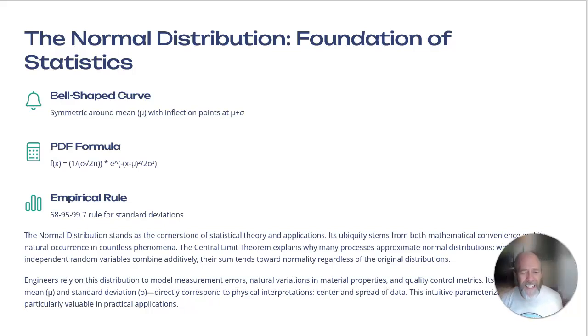But not everything actually fits a normal distribution perfectly. We've got other distributions that we've got to look at. But a lot of stuff fits the normal distribution very well. Now, the central limit theorem says that as you get more and more data, everything gets really close to a normal distribution.